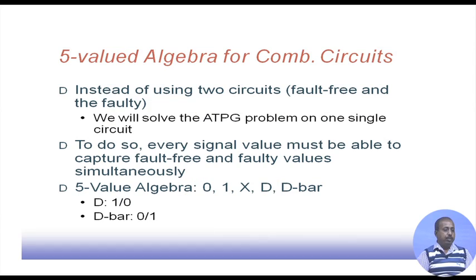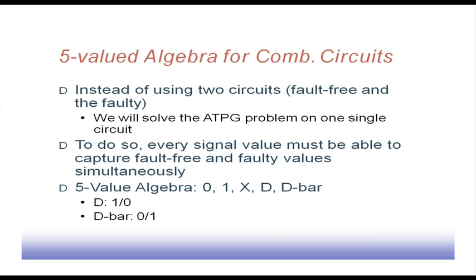In many of the ATPG algorithms, you will be using a 5-valued algebra instead of two-valued logic. What it helps with is that we do not need to consider two copies of a circuit. Previously we said that we need two copies of the circuit, a fault-free circuit and a faulty circuit, and see whether their responses are different or not.